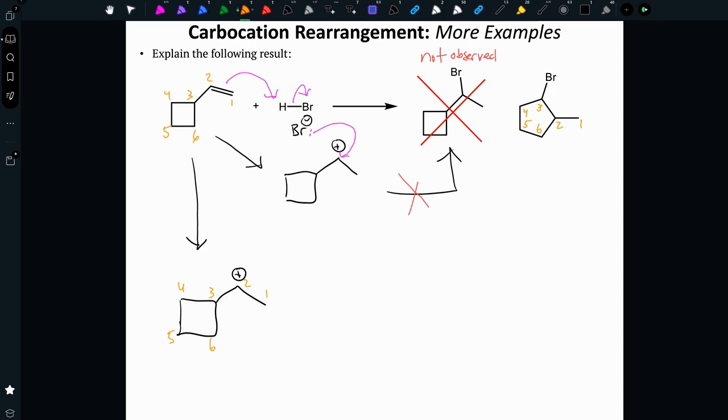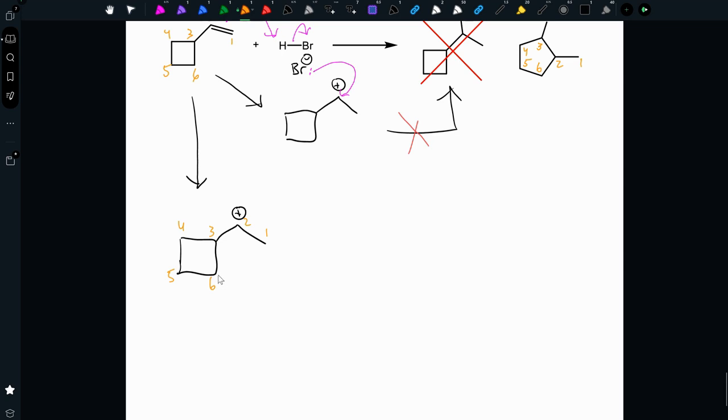But what I'm noticing now is that in my product, instead of having a bond from 6 to 3, I now have a bond from 6 to 2. So when I have my high energy intermediate, this carbocation here, I ask myself, how can I break the bond from 3 to 6 and make a bond from 6 to 2?